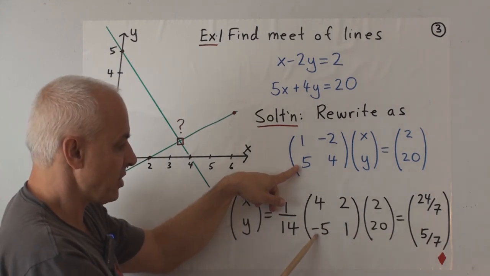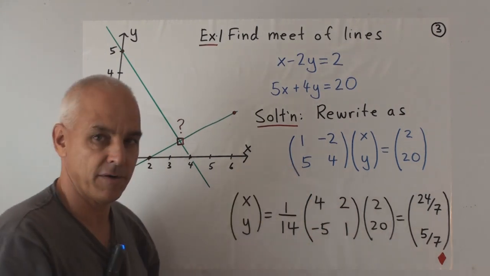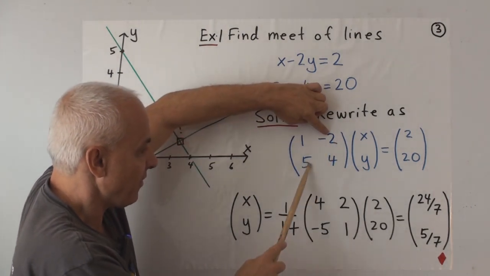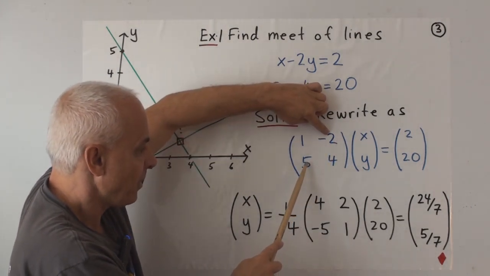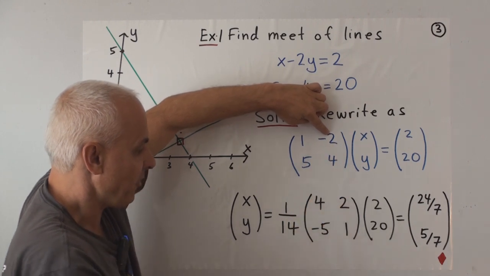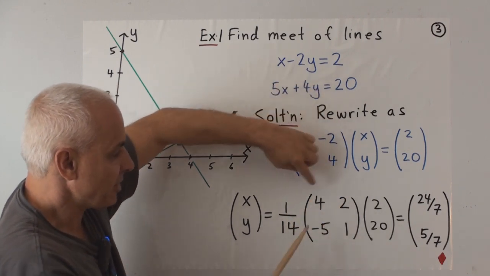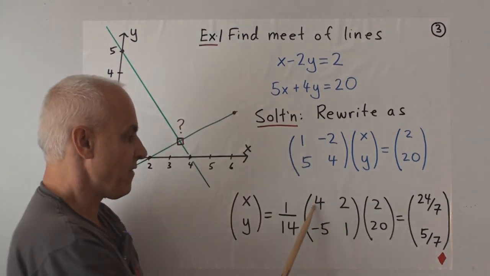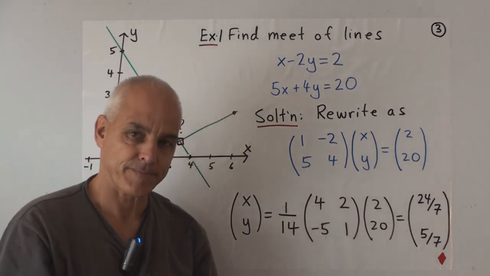But the minus 2 doesn't go here, it goes there. And the minor corresponding to this is the 5, and that goes not there, but in that position there. And then we multiply by plus, minus, minus, plus to get 4, 2, minus 5, 1.